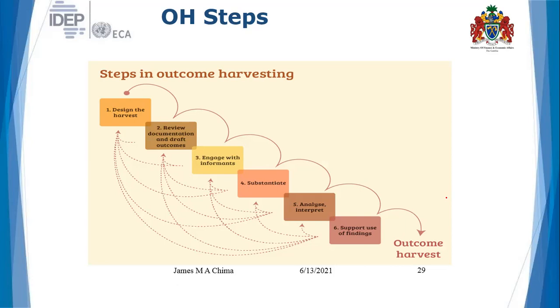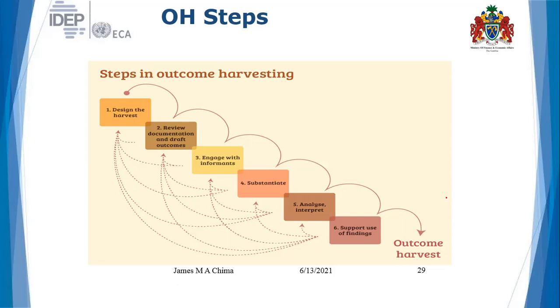The fourth step is to substantiate, validate the evidence, the data that we have gathered. And then we analyze that data that has been captured, and then we interpret it.